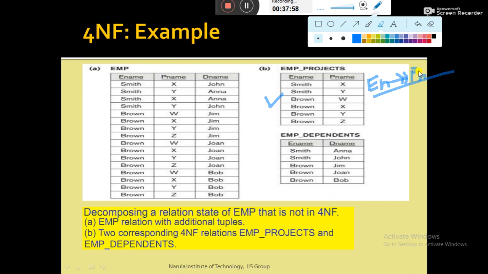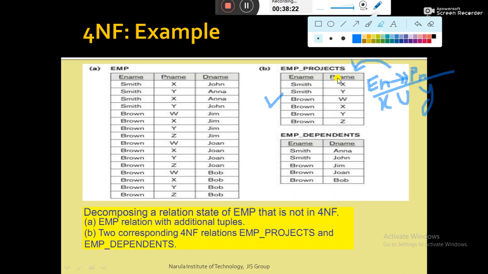The first condition: this is X, this is Y. Y is not a subset of X, meaning pname is not a subset of ename, so the first condition is not satisfied. Second condition: if you union X and Y, meaning if you union ename and pname, then yes, we are getting the original relation EMP project.